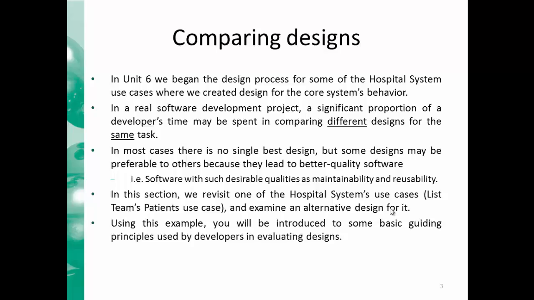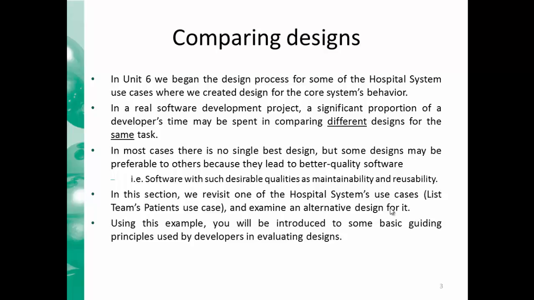This means if you have more than one design for part of your system, especially the dynamic models, you may review the designs available and select ones that help achieve my main qualities, which are maintainability and reusability.